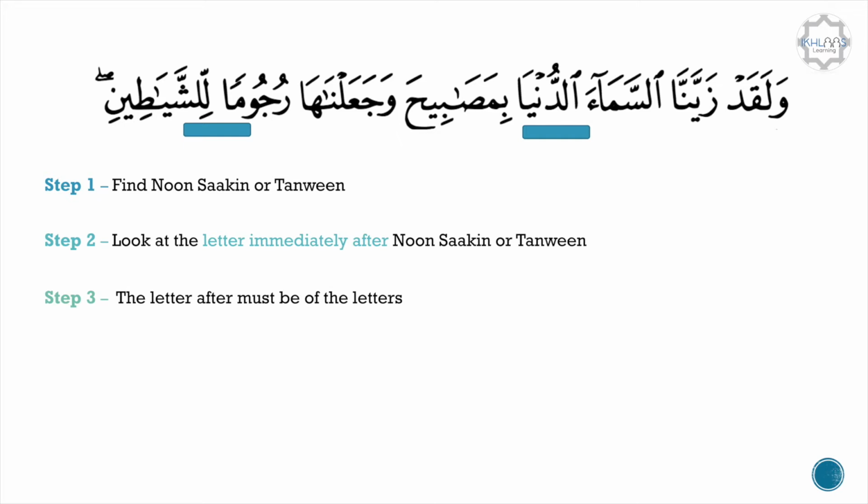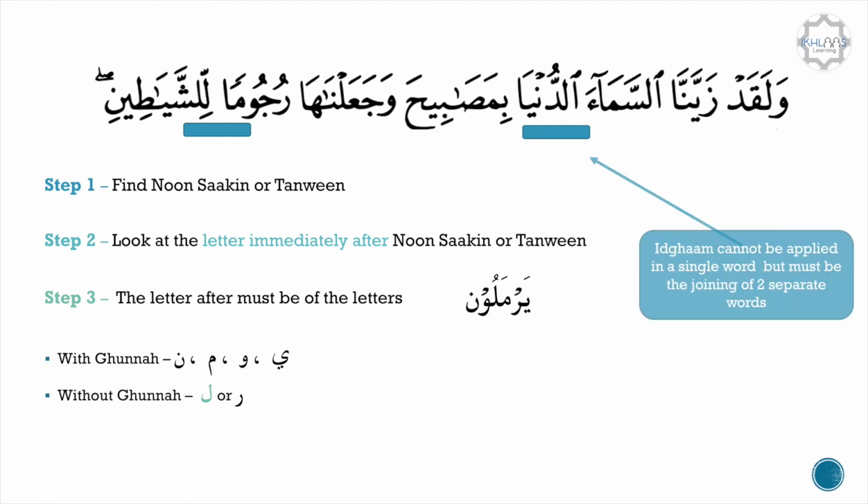Step 3. The letter after must be of the letters of Yarmaloon to be of the idgham rule. For idgham with gunnah, it has to have the letters Ya, Waw, Meem or Noon, and without gunnah, it will have the letters Ra or Lam.